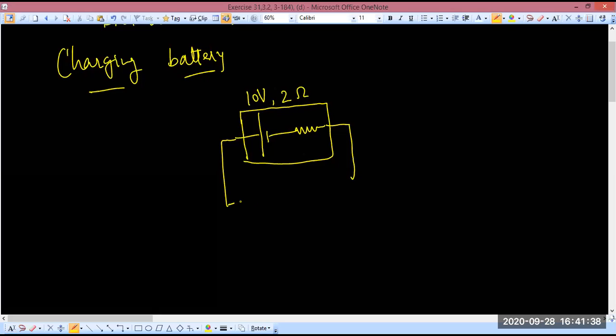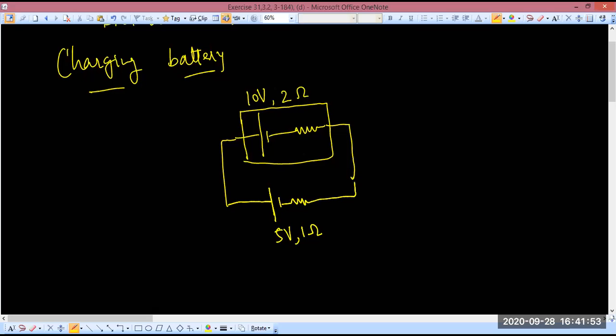We are using this 10 volt 2 ohm battery to charge, let's say, a 5 volt and 1 ohm battery, right? Let's say we have this sort of situation.